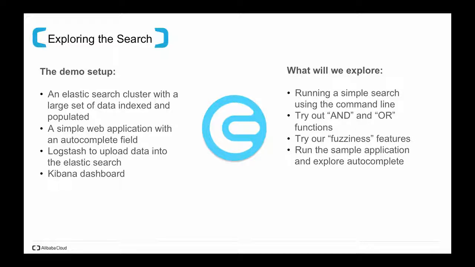The reason I'm using the command line here is to show you a few features such as AND functions and OR functions while we do searches, and how that impacts our result. Also, we will try something called fuzziness, and I'll explain this during the demo. And then we will look at the sample application, start searching things, and see how the application responds using Elasticsearch.